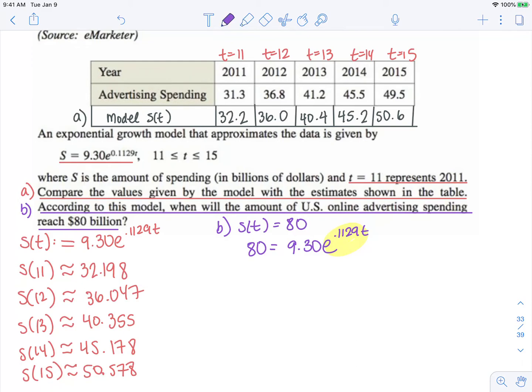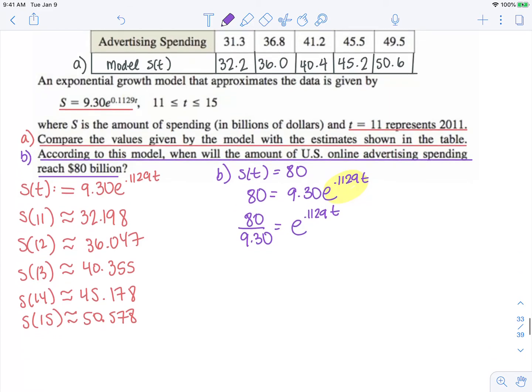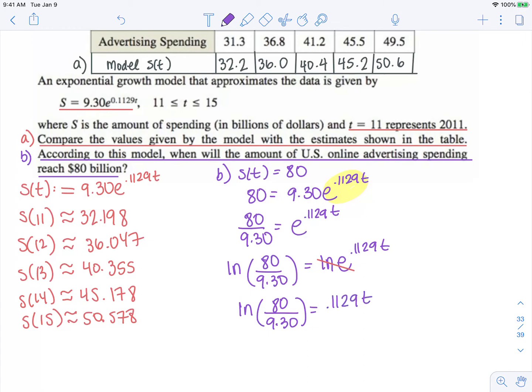I'm going to isolate my base. 80 divided by 9.30 equals e to the 0.1129t. Now I can use the inverse property. ln of 80 over 9.30 equals ln of e to the 0.1129t. ln of e cancels out, and I have ln of 80 over 9.30 equals 0.1129t.